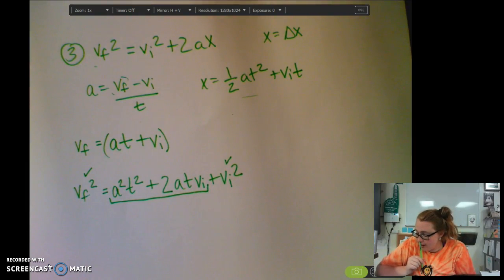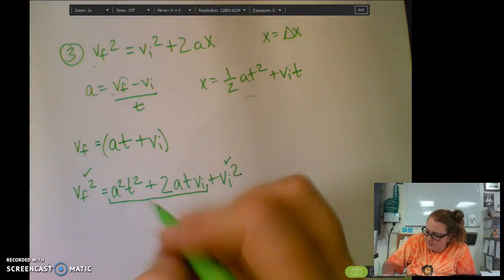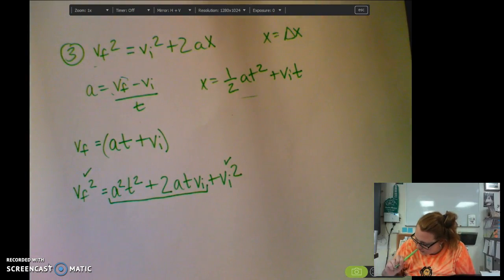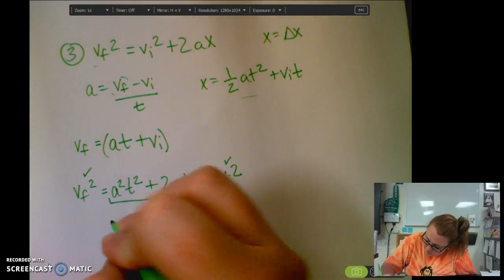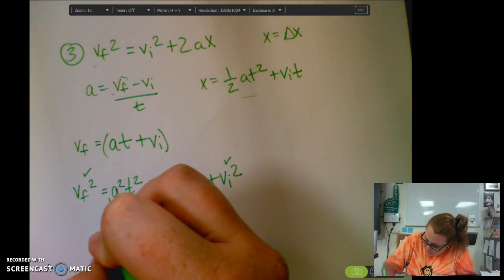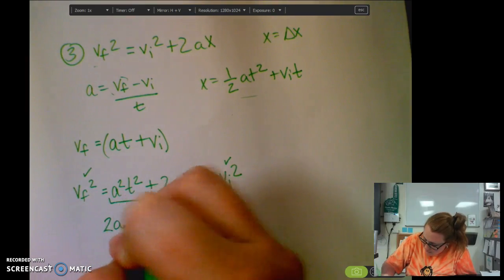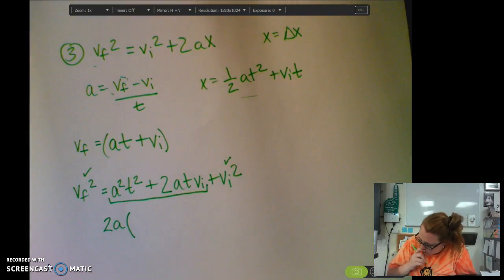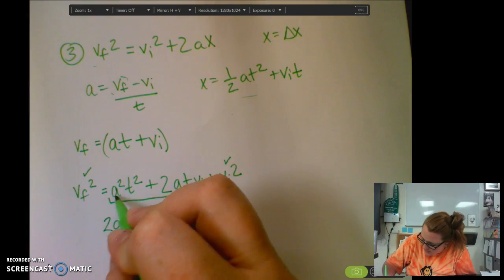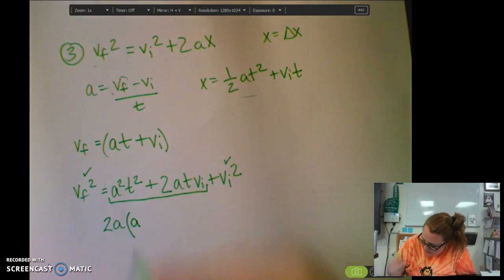I need to somehow be able to show that all of this equals 2a delta x. So for this term here, I'd like to factor out 2a. If I take a 2a out of this, if I take an a, I'm left with an a.